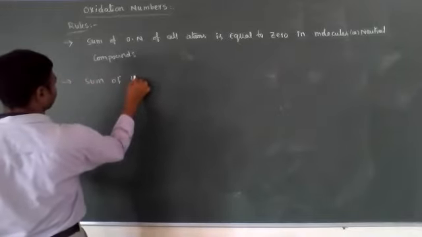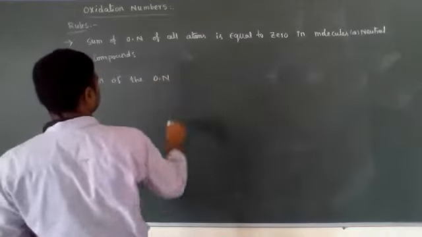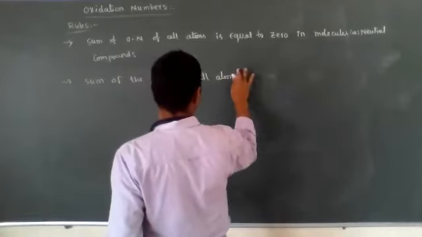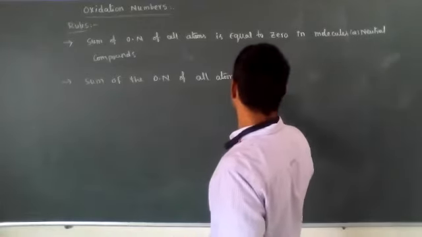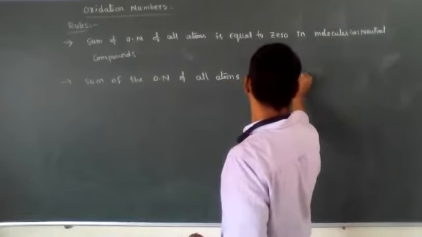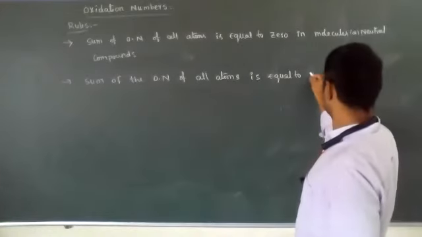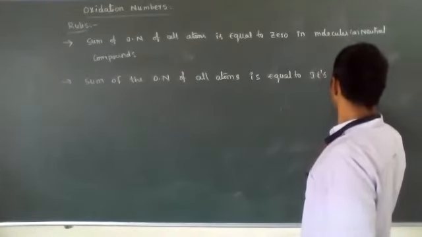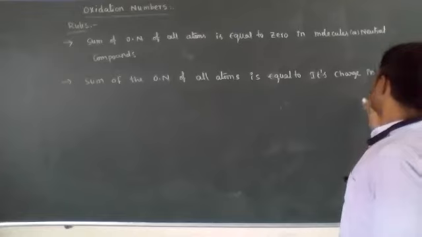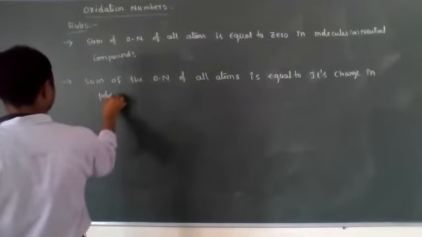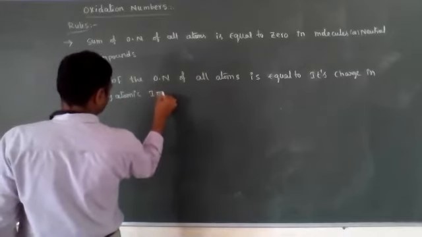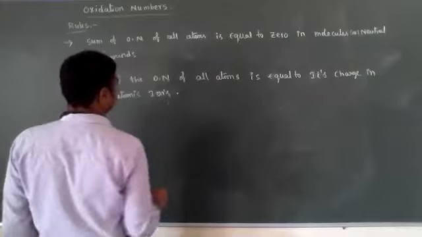The sum of the oxidation numbers of all atoms is equal to its charge in polyatomic ions.